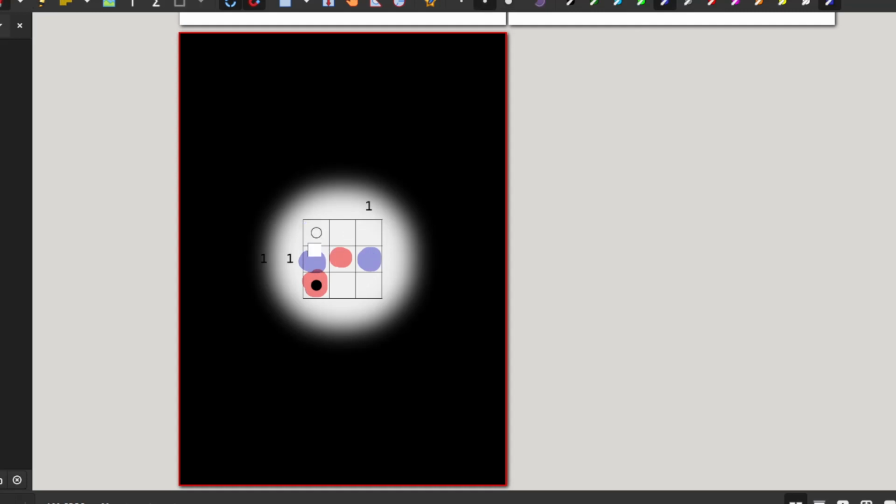Oh, that's interesting. Okay, that's red. Okay, so that's blue, that's red. So the red path must be going this way.